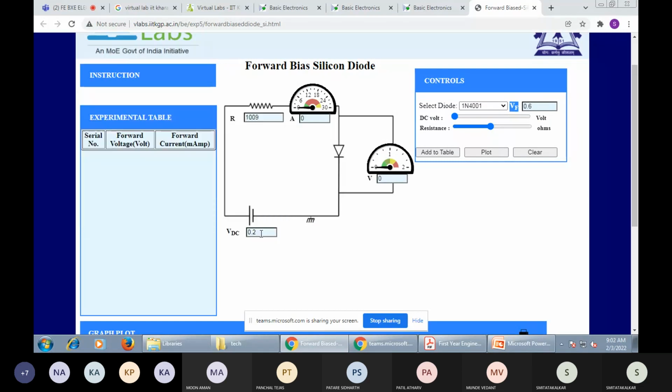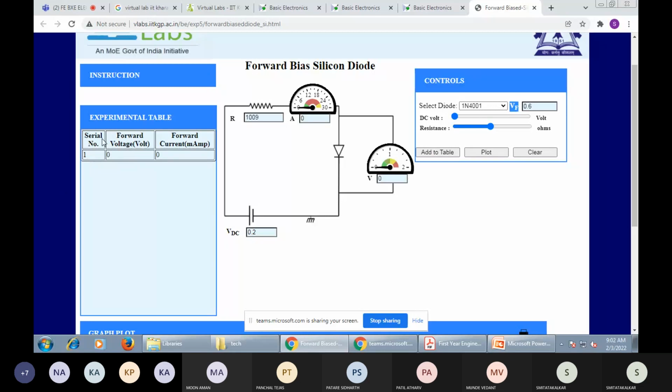Vary the voltage, here with the resistance set, the ammeter shows 0 because the forward voltage, the cutoff voltage, is not crossing 0.7 volt. The forward bias current and the forward bias voltage are 0. Then click on add to table, you can see.